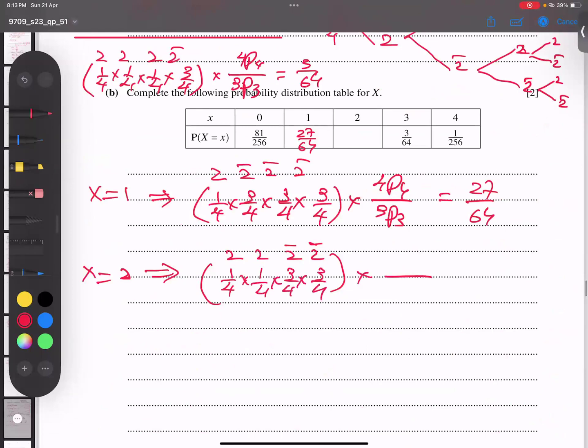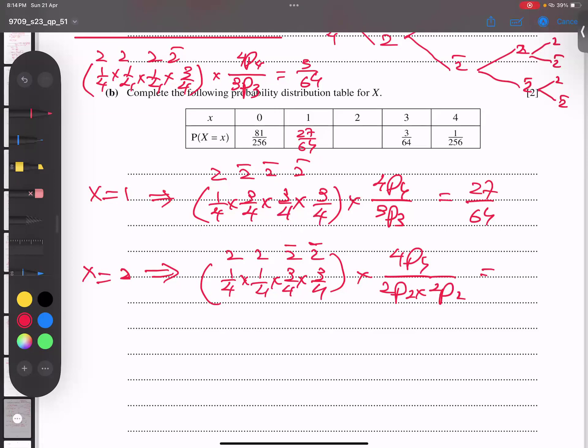But interestingly, 4p4 will come because 4 letters are there, but 2 are repeating and 2 are repeating, so I'm writing 2p2 into 2p2. Let me check: 24 divided by 4, and I get 6 here. So this comes 6, and 9 divided by 64 into 6.